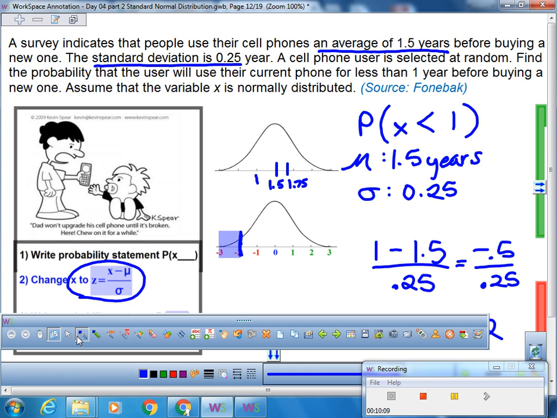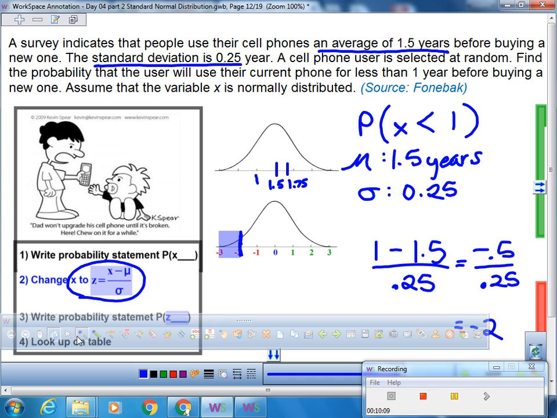Should be a very small amount, right? -2.00.